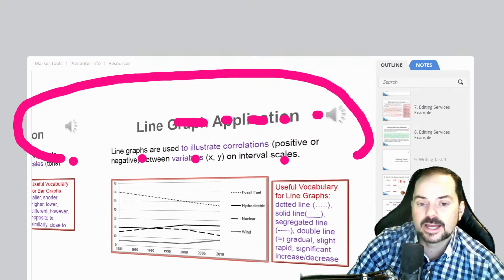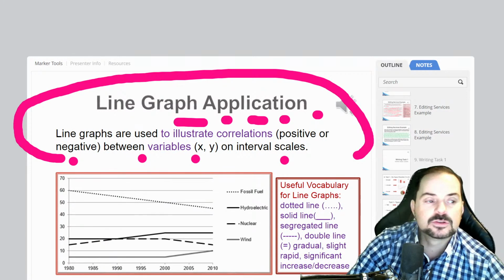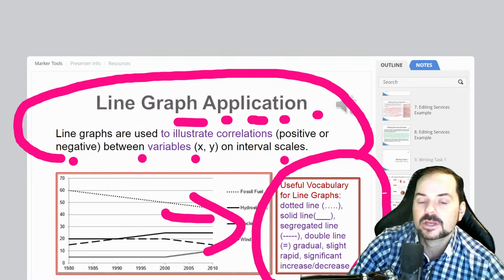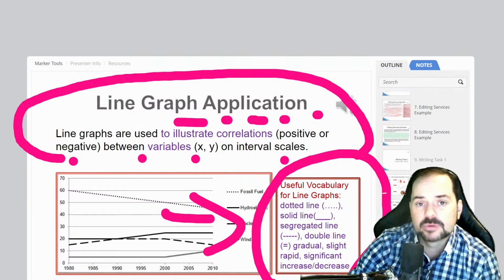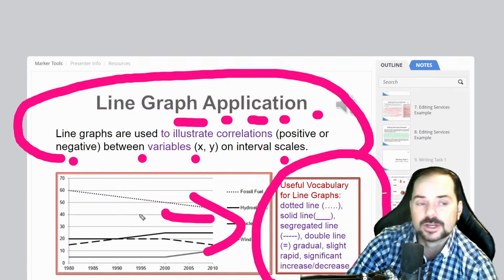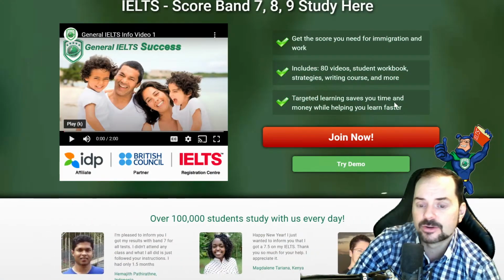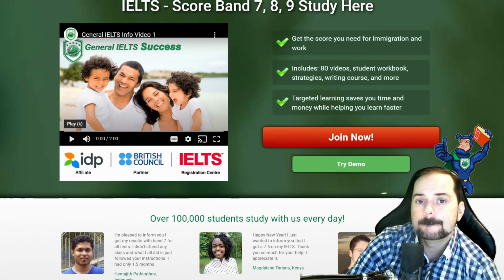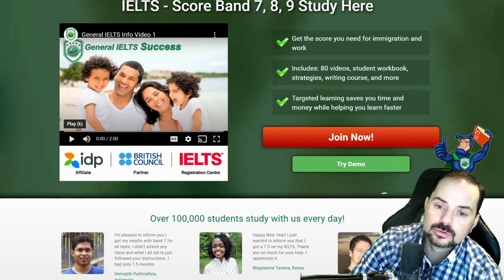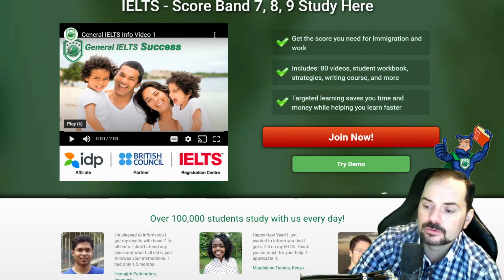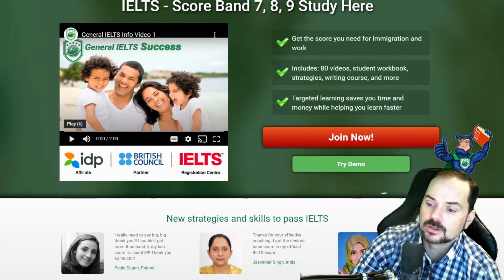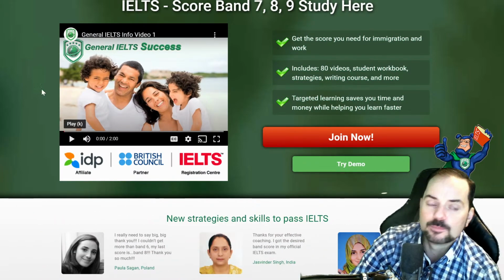You look at the reason for line graphs, and you get some useful vocabulary given to you here as well. So if you've got access to our premium IELTS course on either the academic or the general IELTS, make sure to go through those parts and use it. I'm hoping that you do.